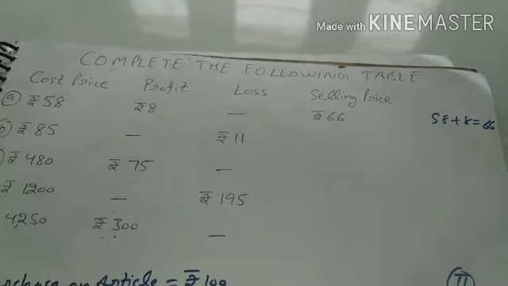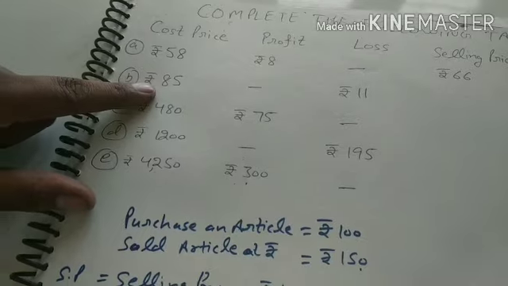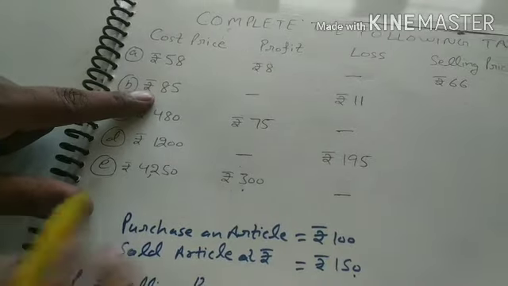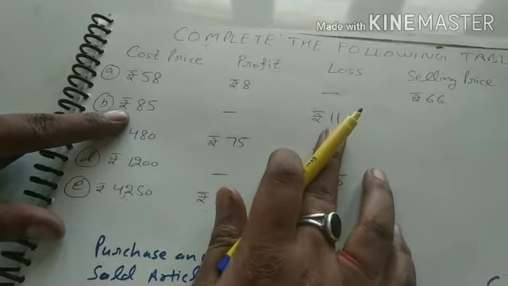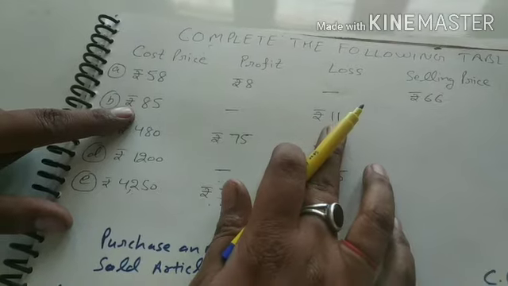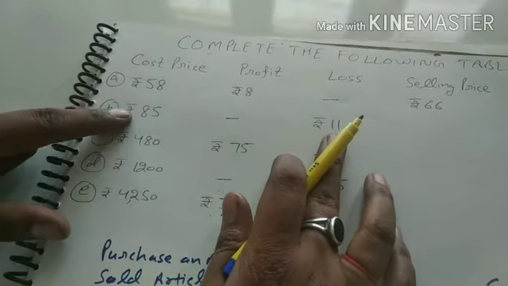Now we are on the second part. Cost price is rupees 85 and here the loss is rupees 11. In the case of loss, which price will be greater, cost price or selling price?